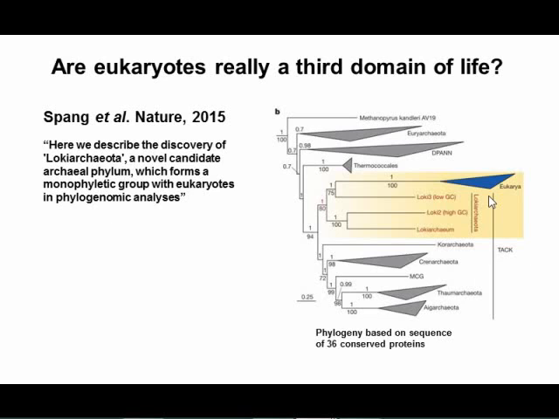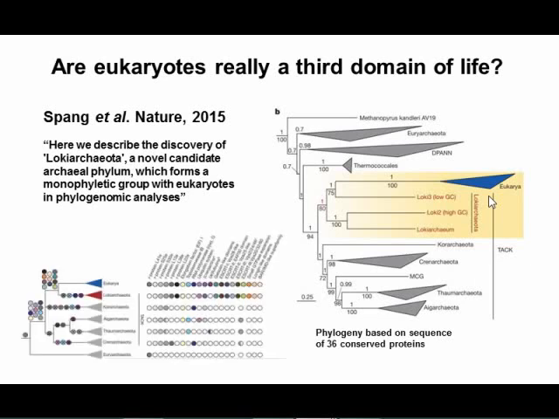And there's a big surprise here. So here are a bunch of these eukaryote-specific genes. And what is really quite nice is this group, the Loki archaeota, have got a lot of these eukaryote-specific genes.